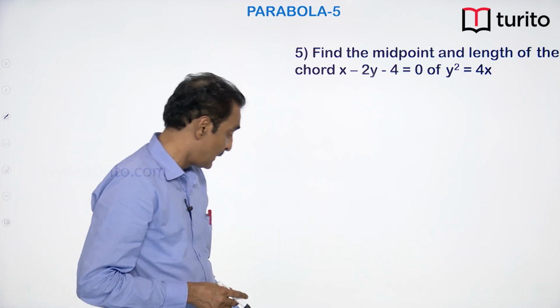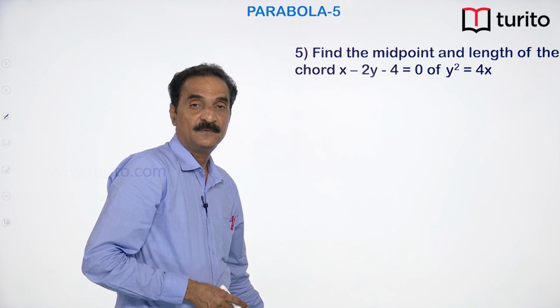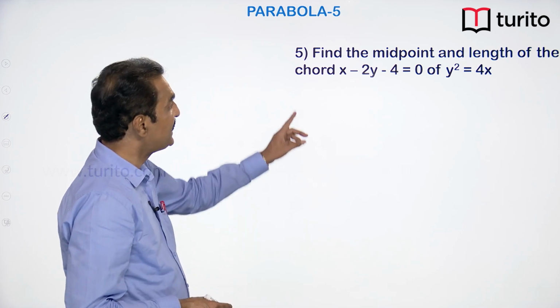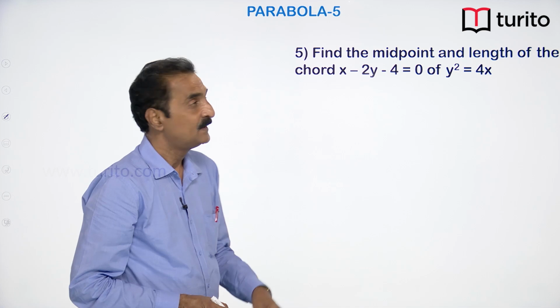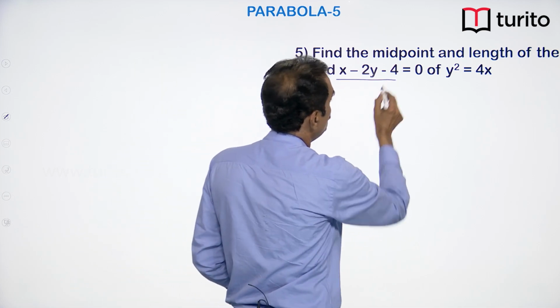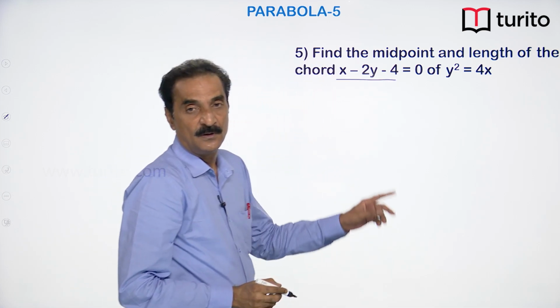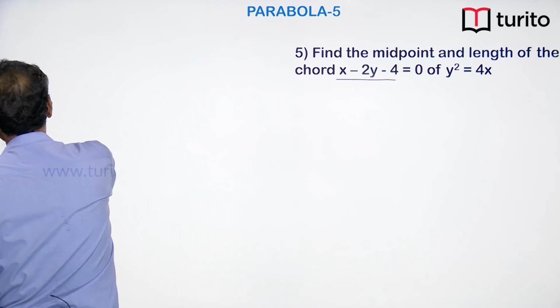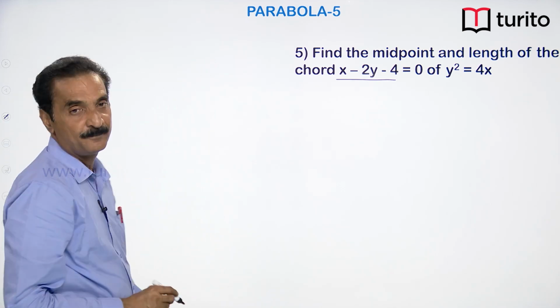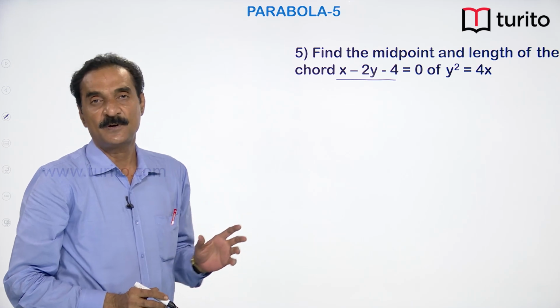Next question, find the midpoint and length of the chord x minus 2y minus 4 is equal to 0 of the parabola y square is equal to 4ax.